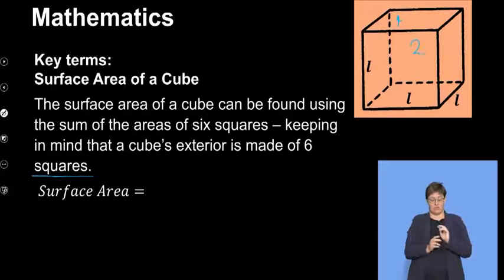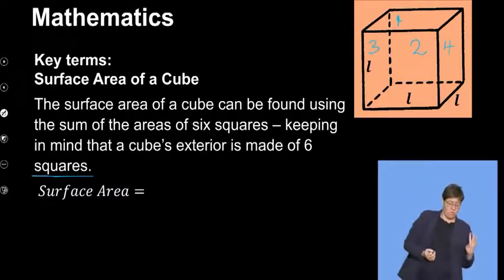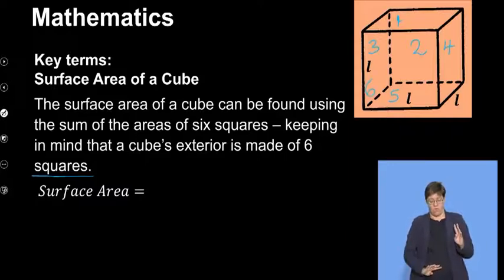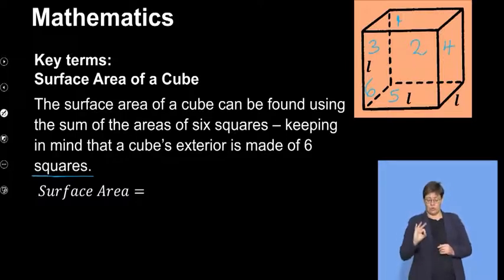I've got the back square, the side square, the other side square, the bottom square, as well as the square that's facing us. So there are 6 individual squares that make up the exterior of a cube. You can also think about a Rubik's Cube. On the outside, it's made of 6 squares.